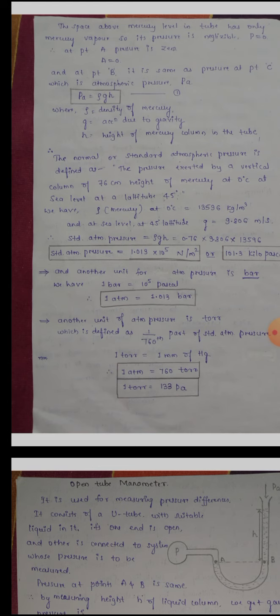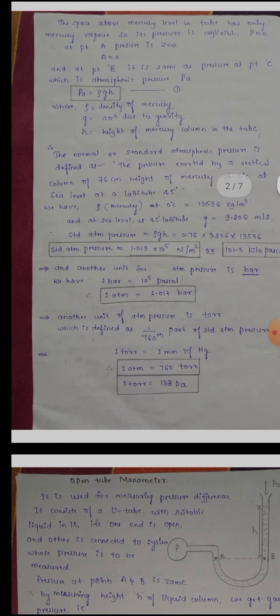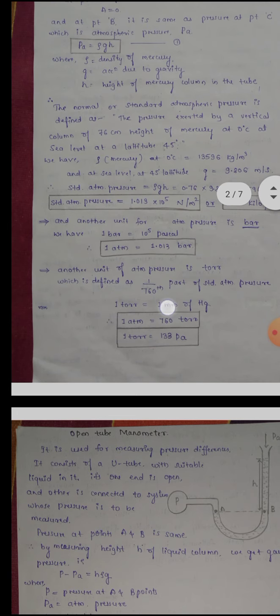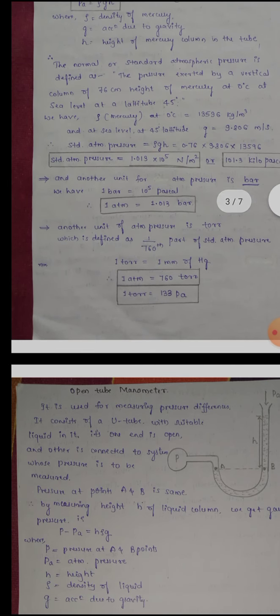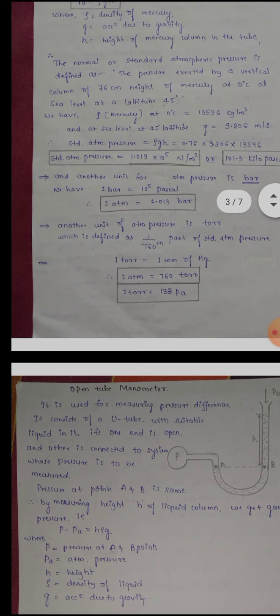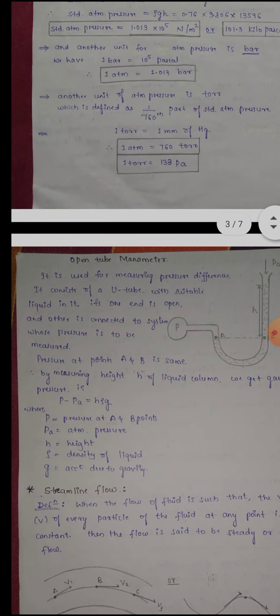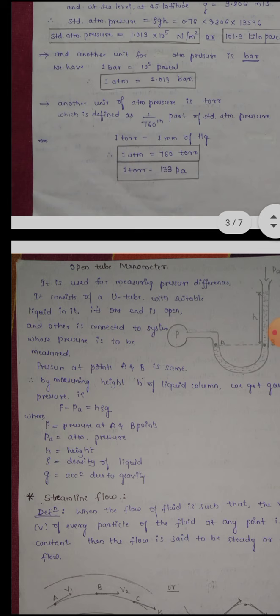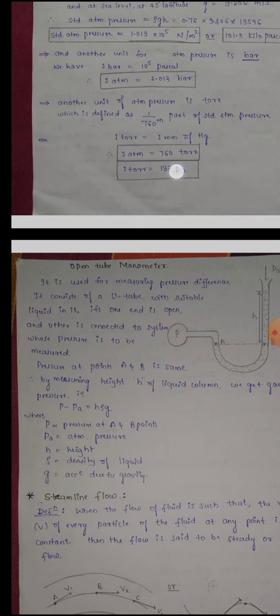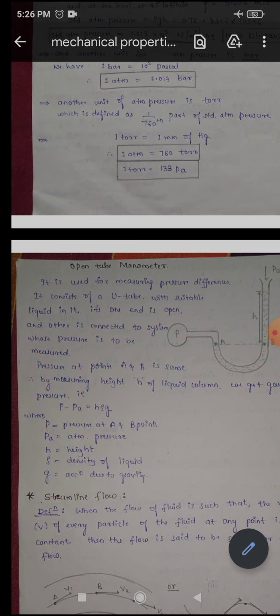That is known as 1 torr. That is, 1 torr is equal to 1 mm of Hg. So the relation is 1 atmosphere is equal to 760 torr. And the relation between torr and the pascal becomes 1 torr is equal to 133 pascal.